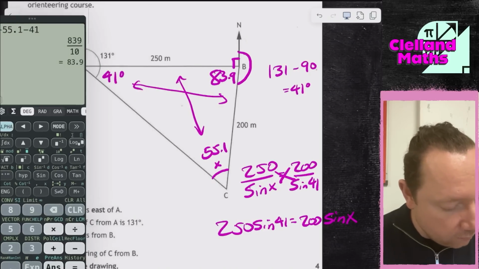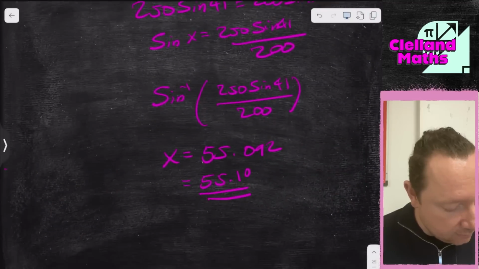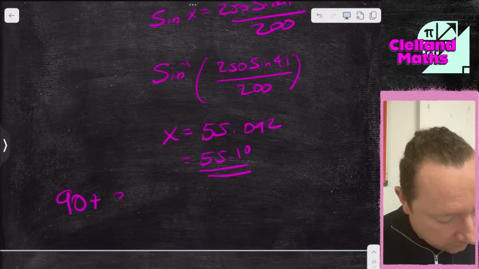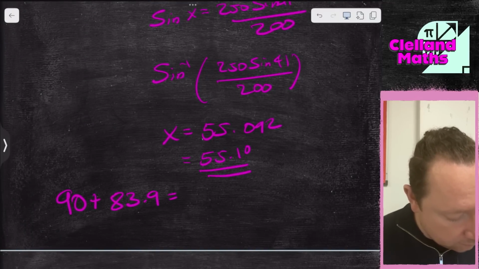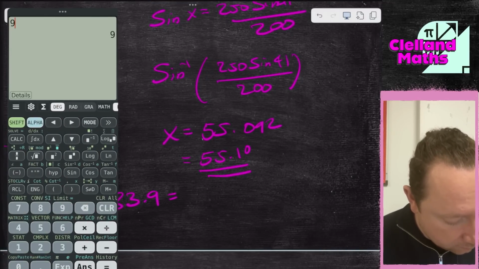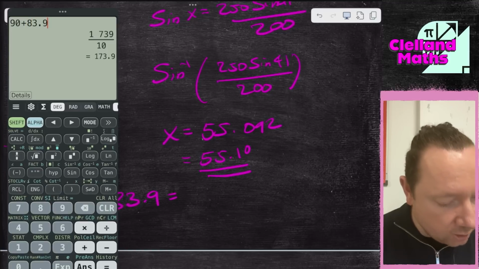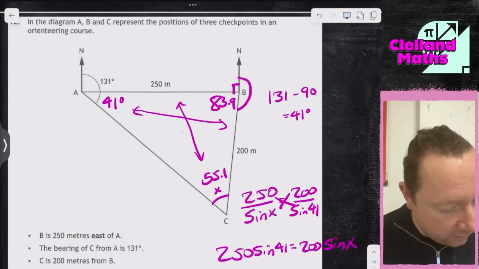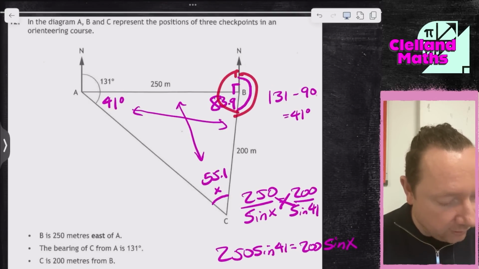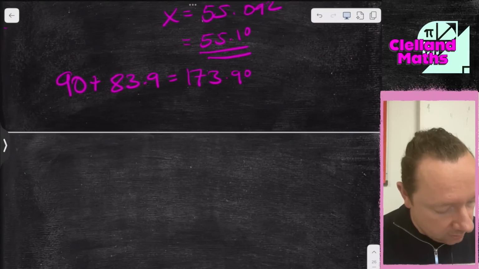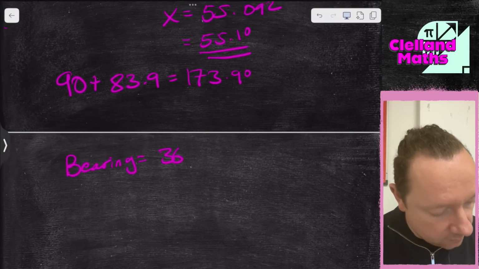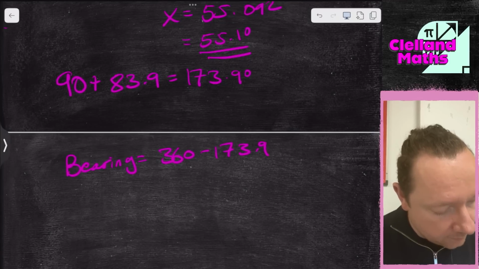Well, we now know that on the left-hand side of that, we've got 90 plus 83.9, which is 173.9. So our bearing then is just going to be all the way around the circle is 360. We already know that bit, so we can just take away from 360. So our final answer is 360 minus 173.9.